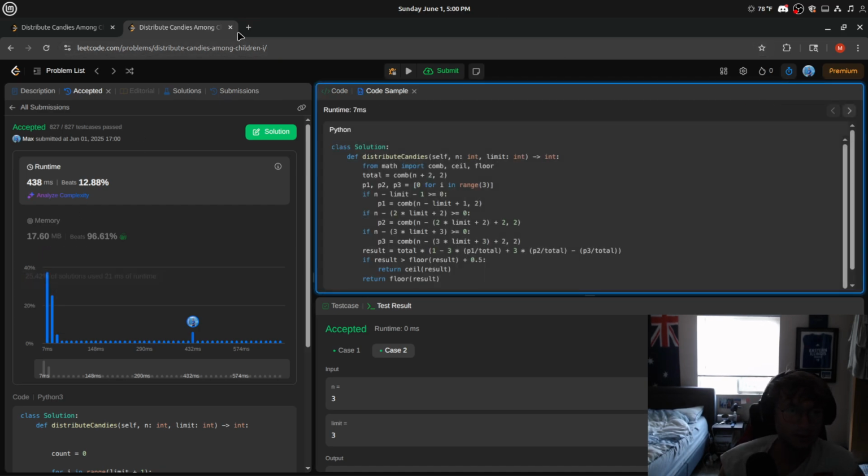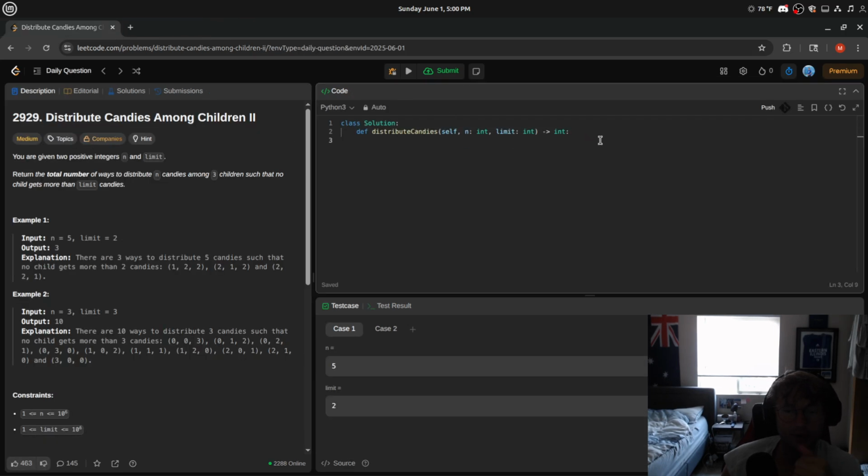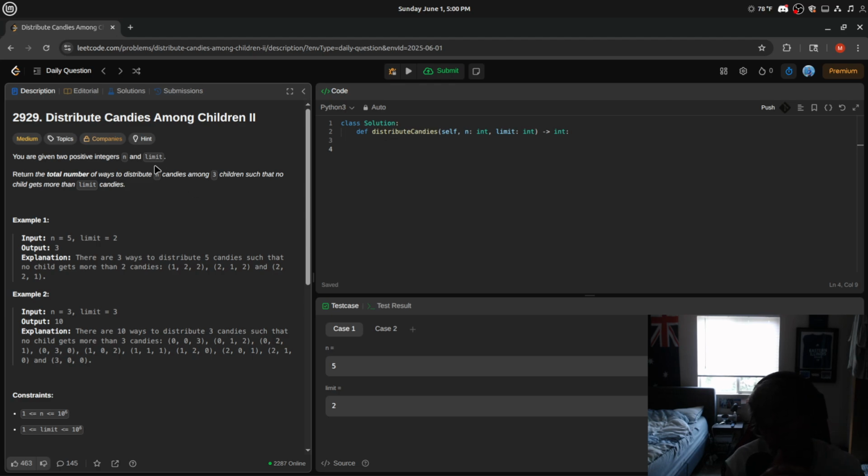It has the fastest solution. I'm not gonna look at it though. Okay, now we have to figure out the fastest solution for this instead of doing a triple for loop. So how can we get rid of a triple for loop here? There are ways.